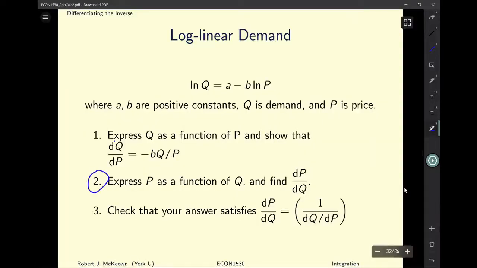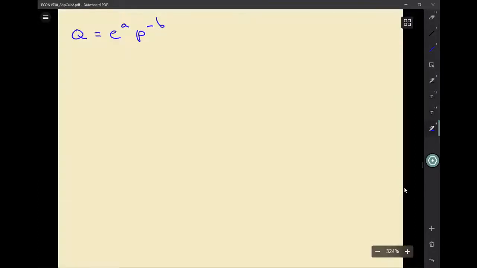Now the second part of the question wants us to express p as a function of q. Notice that there's no logs there, so it's a good indication that we're supposed to get rid of the logs. So let's try and do that. Now this is what we came up with in part A, or at least the first part of part A. So let's rearrange this and solve for p.